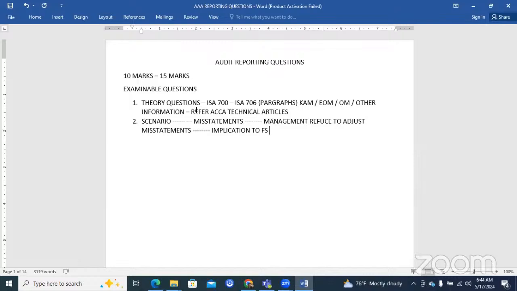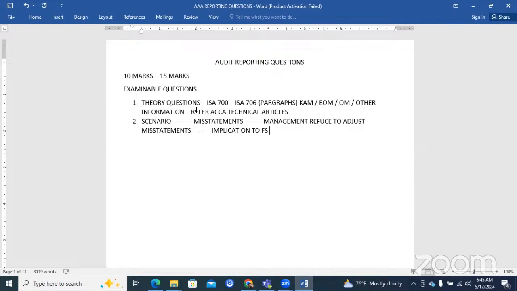But if you take implication to financial statements at the Advanced Audit and Assurance level, the P level, the final level, the misstatements are very detailed misstatements.